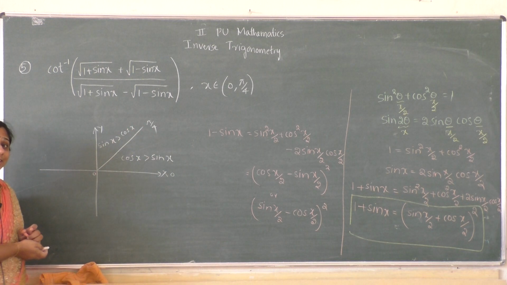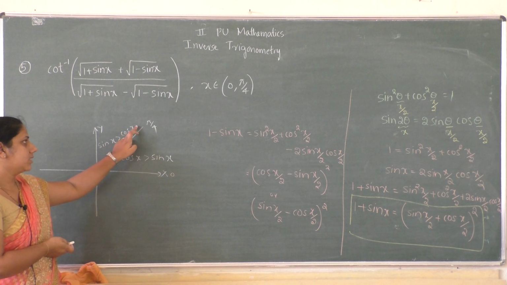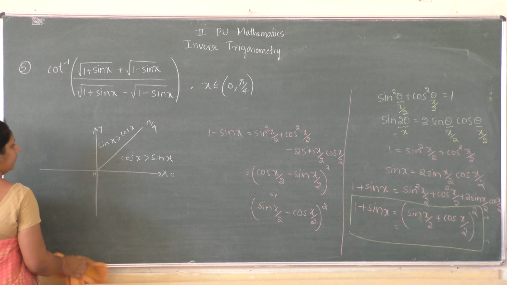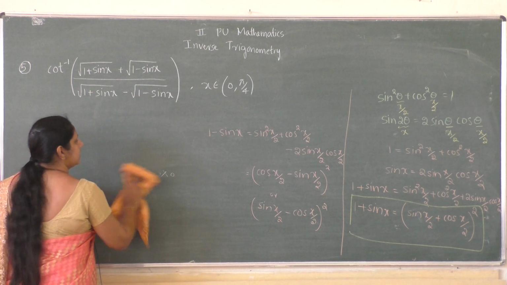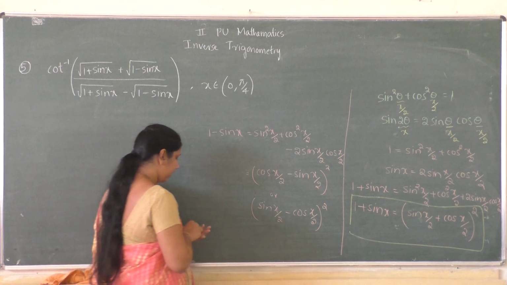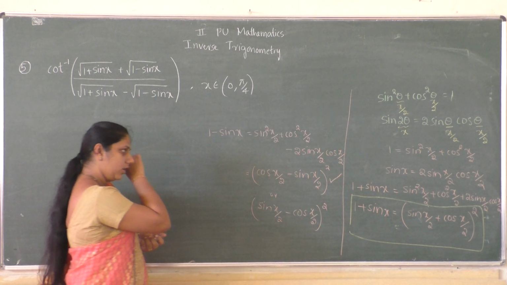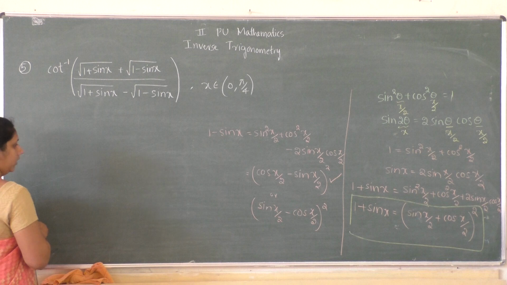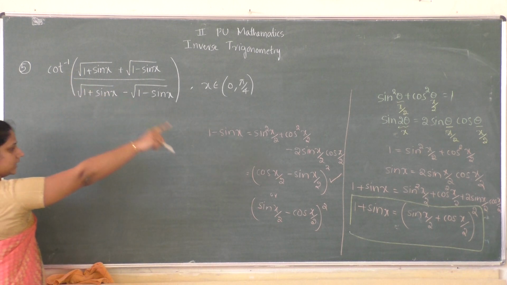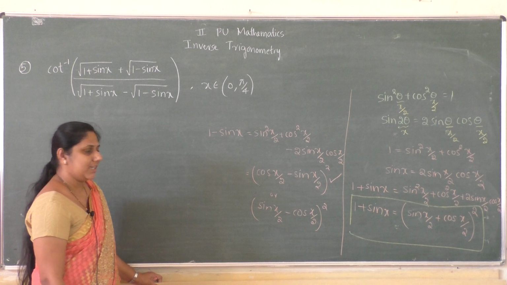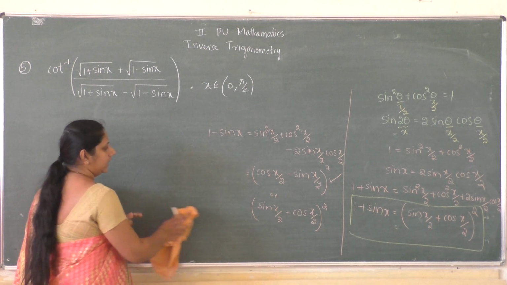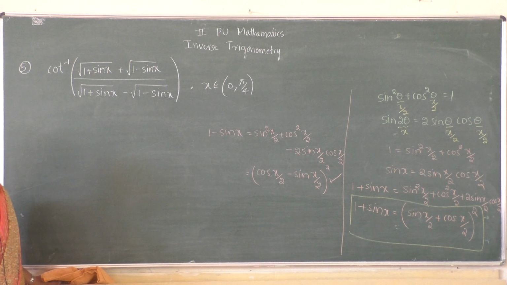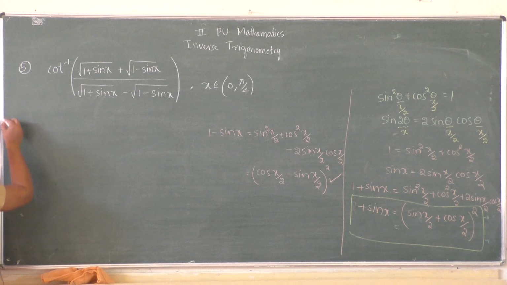So here, for 0 to pi by 4, I will take the condition cos x by 2 minus sin x by 2 whole square. So in the place of 1 plus sin x, you have to write sin x by 2 plus cos x by 2 whole square. Similarly, in the place of 1 minus sin x, you have to use cos x by 2 minus sin x by 2 whole square.